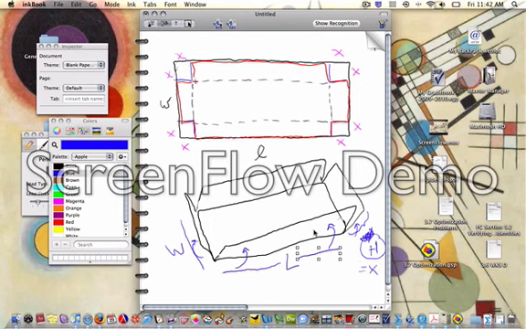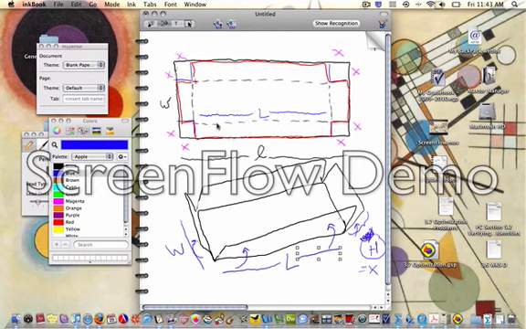The length of the box, capital L, is different than this L. That L, lowercase l, remember, represented the length of the original rectangle, which is that. We want capital L, which is that.